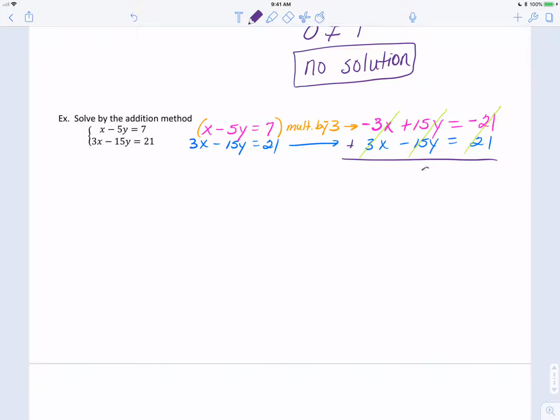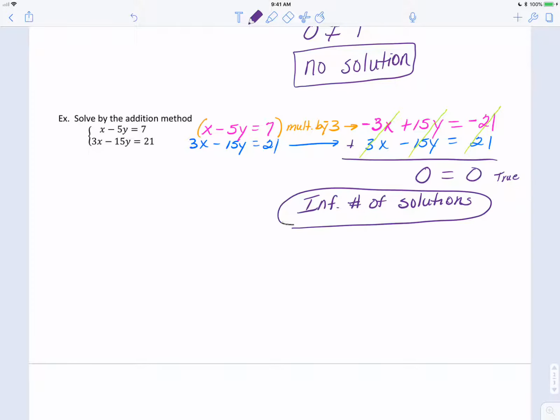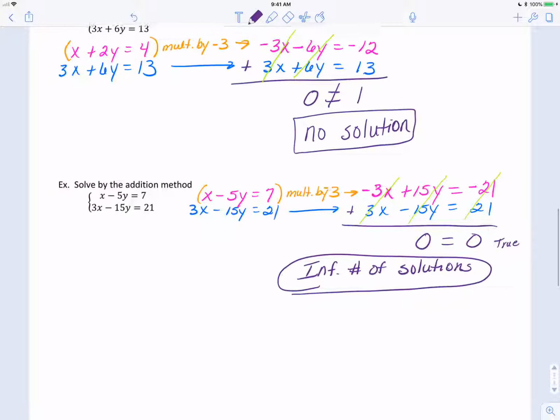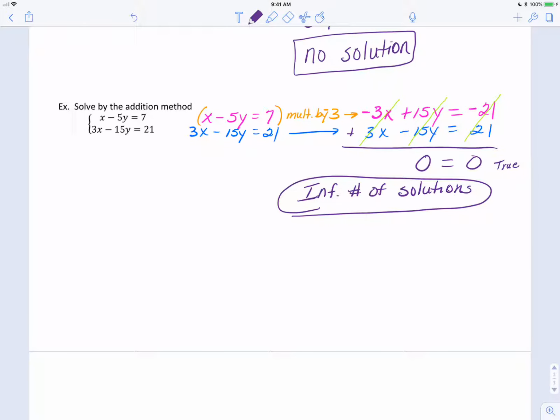So this equation ends up being 0 is equal to 0. Well, that is a true statement. 0 is 0. So that means they are probably going to be the same line, and well, they are the same line, and they have an infinite number of solutions, because we ended up with a true statement. If we end up with a false statement, remember, it's no solution. We end up with a true statement, it's going to be an infinite number of solutions. Okay, good luck on that homework.